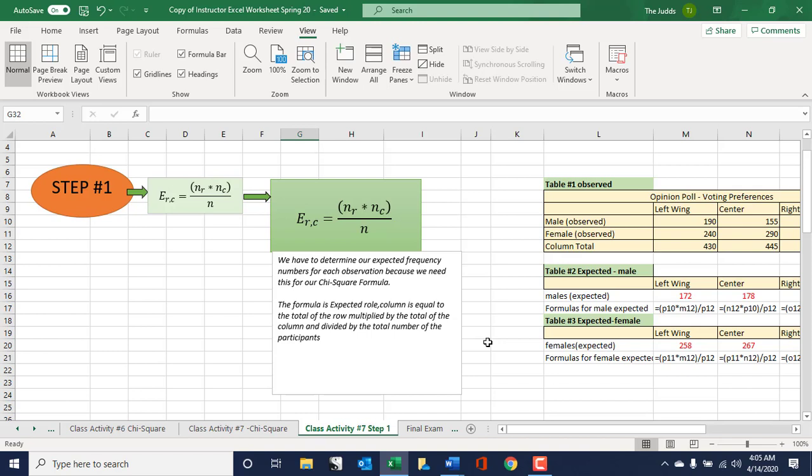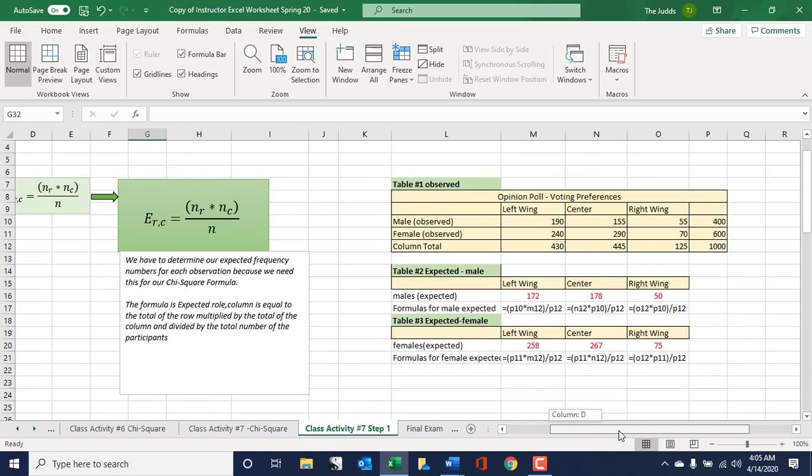Given that there is no relationship between voting preference and gender, what would we expect to see in the responses of males and females in their voting preferences? The calculation is this formula in the green. The expected rows and columns equals our number of rows times our number of columns, and then we divide it by the total sample.